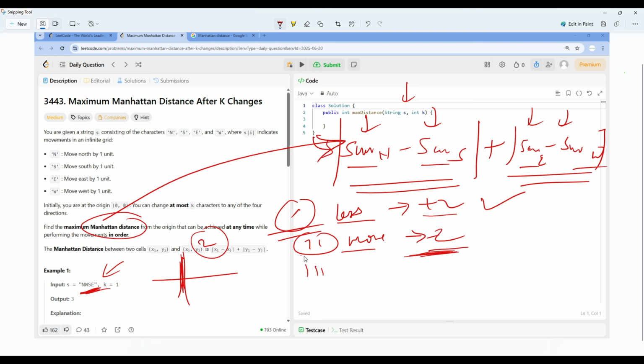Then the third condition: no modification is made. We cannot modify any directions in this case. So if no modification is made, the Manhattan distance remains unchanged, that is 0. So these are the possibilities when we modify the letters in the string.